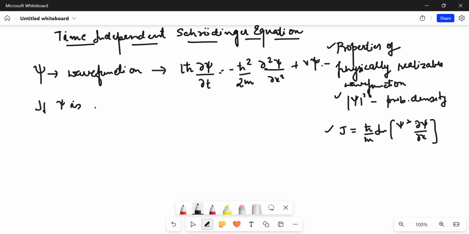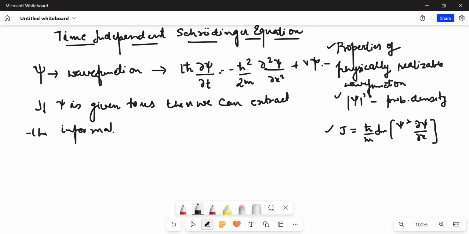Okay, so let us think that if the wave function is given to us, then we can extract the information about the potential which may give rise to such a wave function.